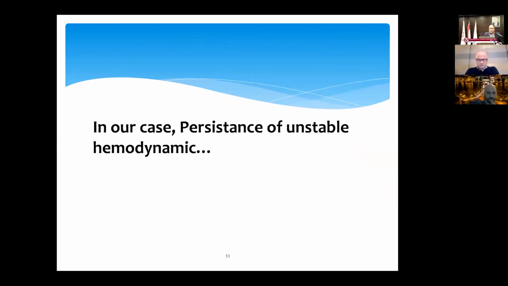So to return, after these few slides for review of literature, to treat this patient, in our case, we have persistent unstable hemodynamics, severe ischemia in the inferior wall and lateral wall, an intra-aortic balloon pump, and opening of the circumflex.